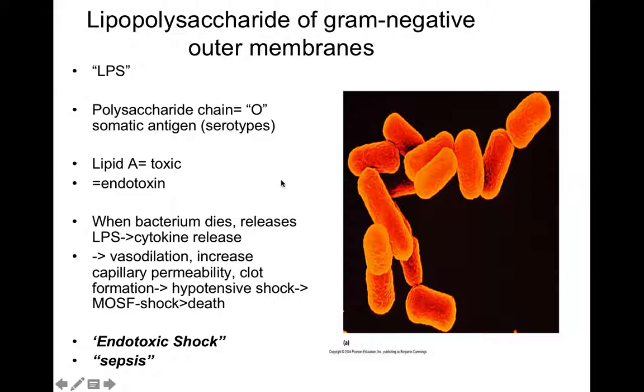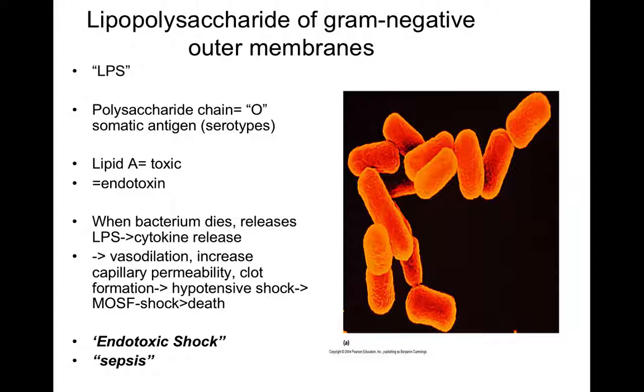And just a little bit more, folks, on the lipopolysaccharide of the gram-negative bacterial cell wall, the outer membrane. So it's often abbreviated LPS. The P stands for polysaccharide, and this is detail we won't need to know right now. It's often referred to as the O, or somatic antigen.